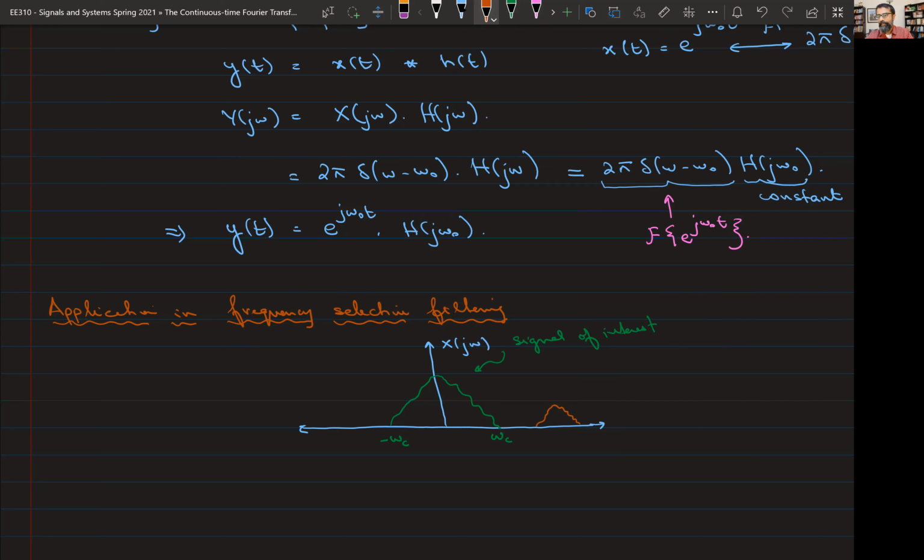This could be, and I'm going to put up a demo on LMS as well, for example, high frequency noise, for example, dog whinings, right? Which reside at a frequency which is greater than omega c, right? Now, if I would just look at this signal in the time domain, there is going to be no visible difference or distinction between what my speech looks like and what this unwanted interference looks like.